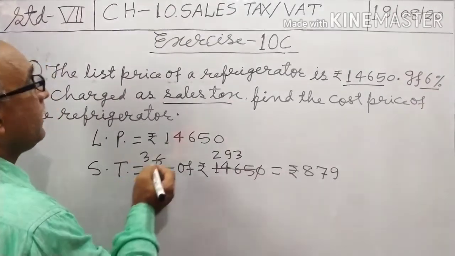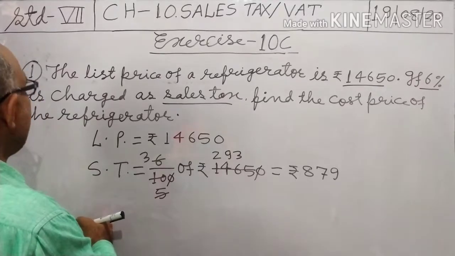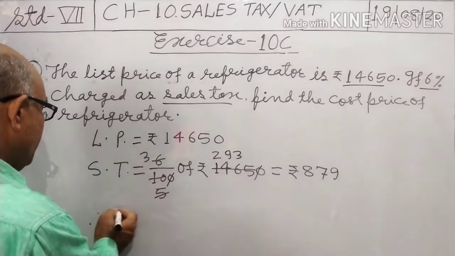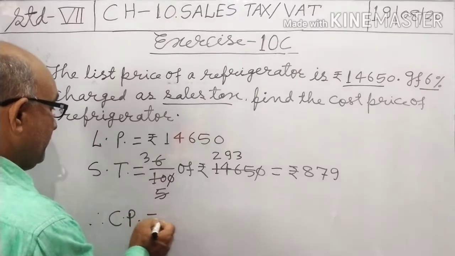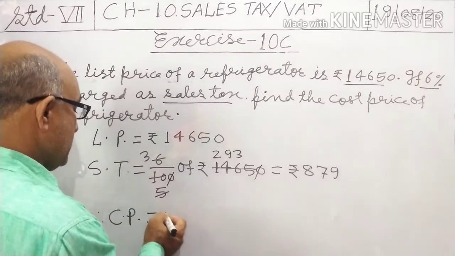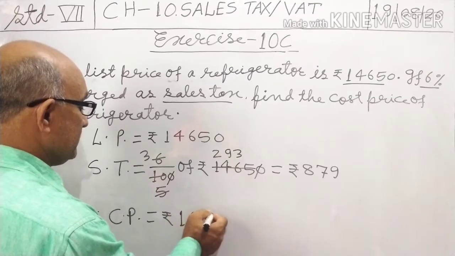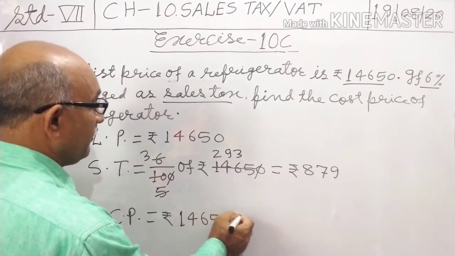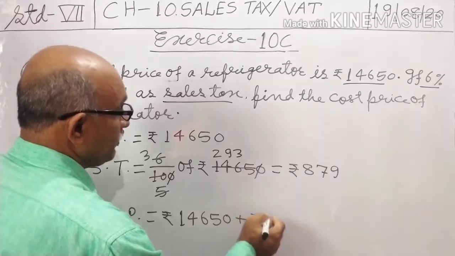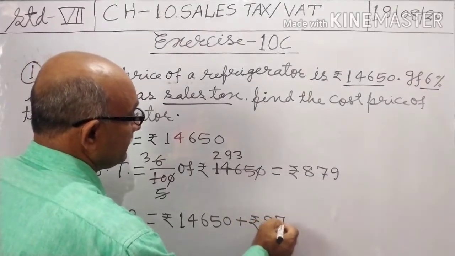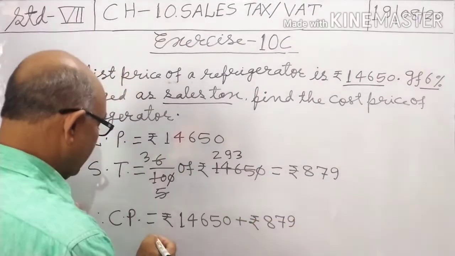Now the cost of the refrigerator. So CP equals list price 14,650 plus rupees 879.